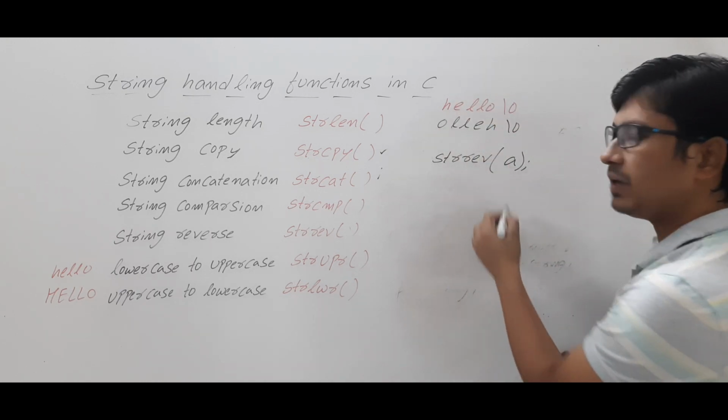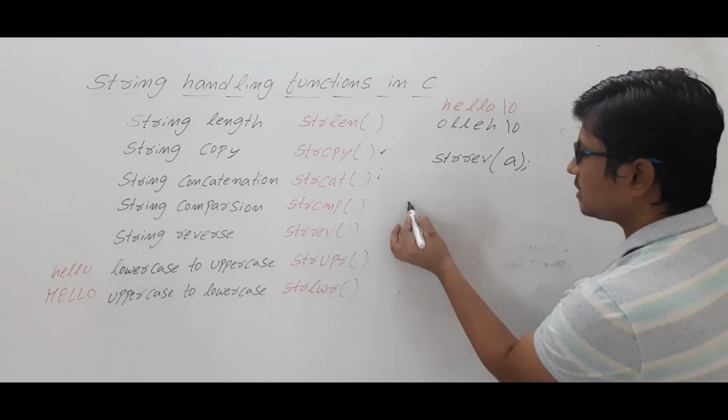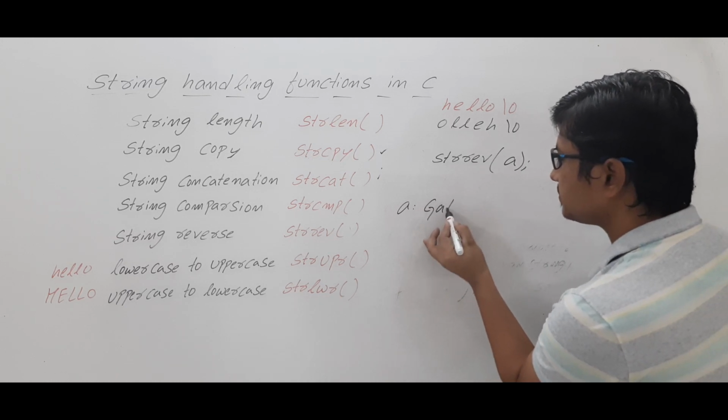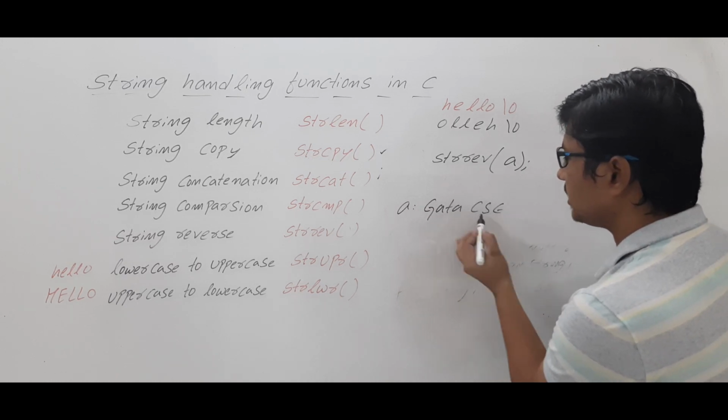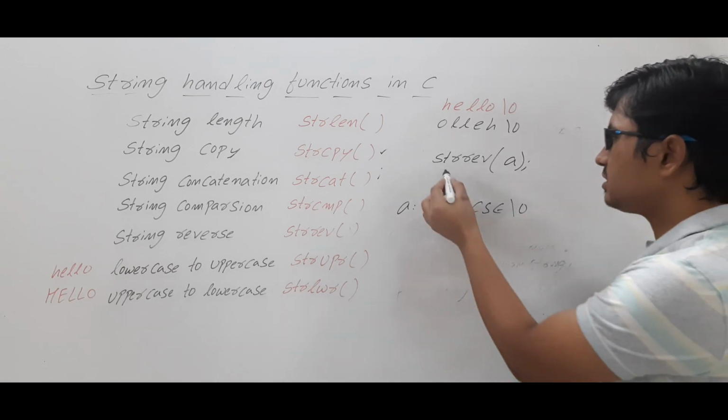Any string can be there, or in our case it is hello. If I mention strrev(a), let's take that a is having the string "gate csc" with a space and then \0.